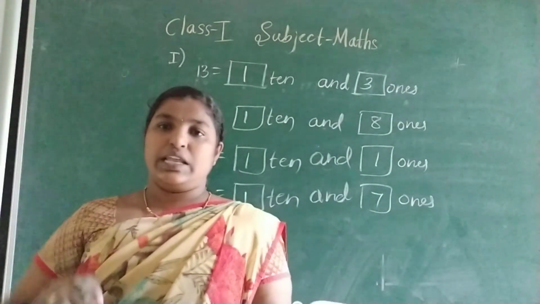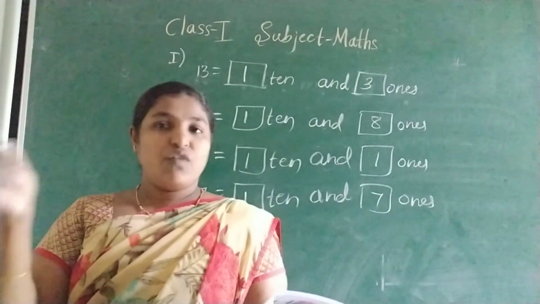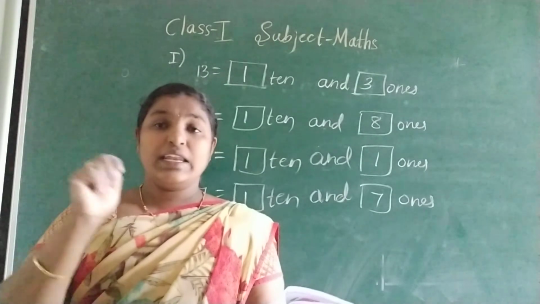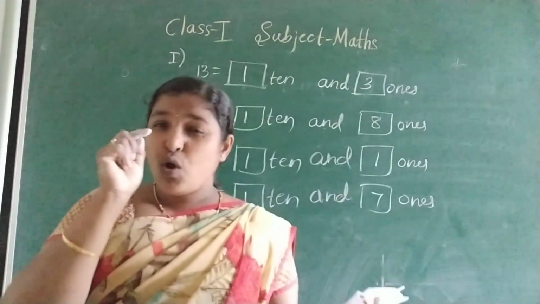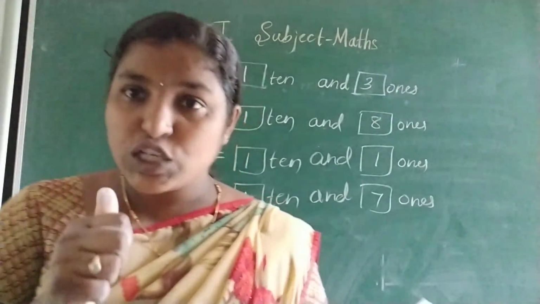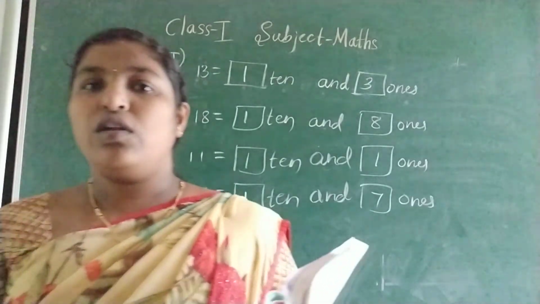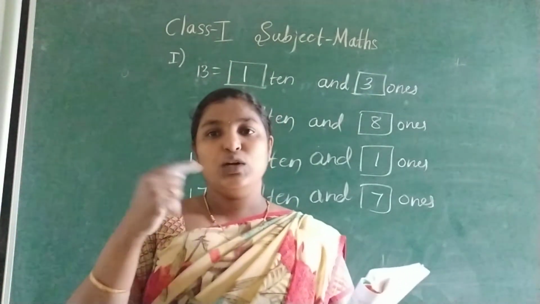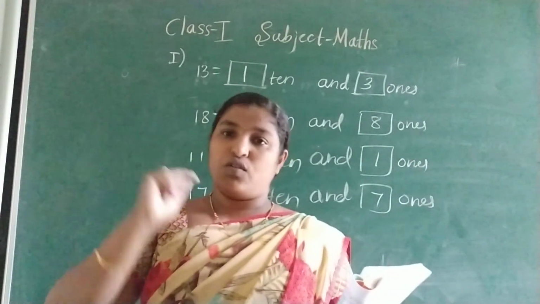Suppose 1, 2, 3, 4. Write in ascending: first the small number. Which is the smallest in 1, 2, 3, 4? 1 is the smallest. So write 1, then 2, 3, 4.